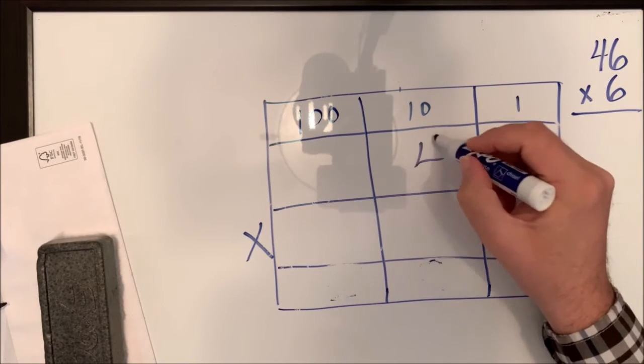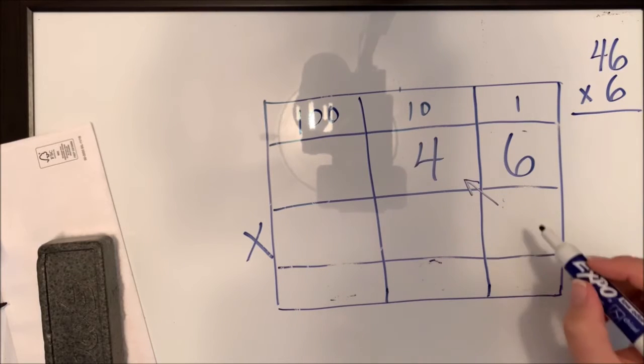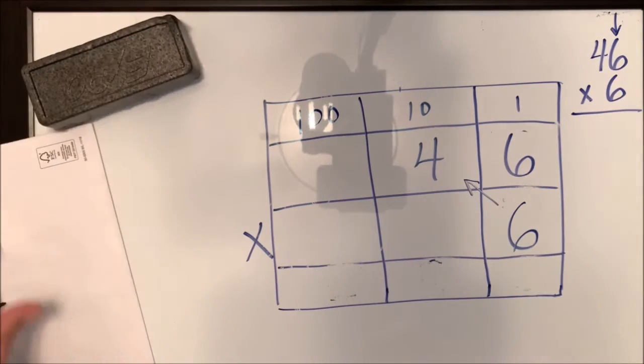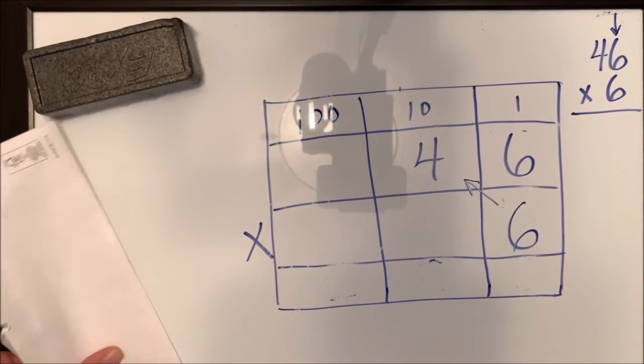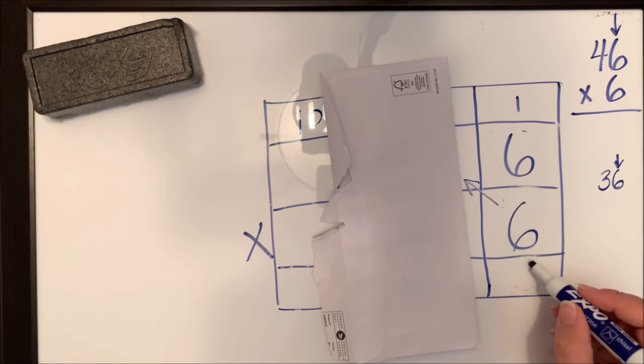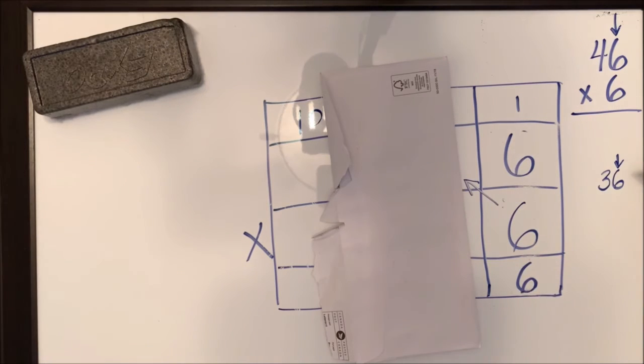Okay, so 46 multiplied by 6. Start with the ones. So I'm going to cover my tens again. So 6 times 6, and again, if you have them memorized, you'll know that's 36. So I have 6 ones, so I'm going to put 6 here, and 3 tens.